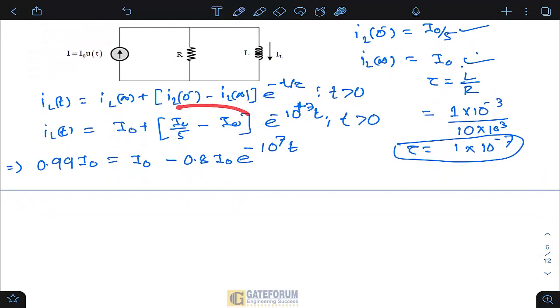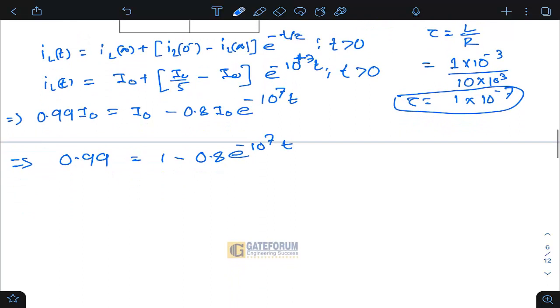So this term is minus 0.8 I0, and this is e raised to power minus of 10 raised to power 7t. Now you can see this I0 cancels out. So then the equation is 0.99 is equal to 1 minus 0.8 into e raised to power minus of 10 raised to power 7t.